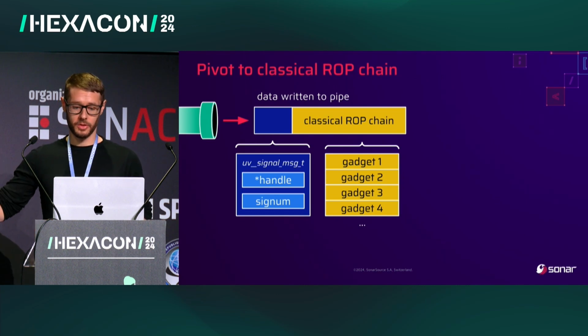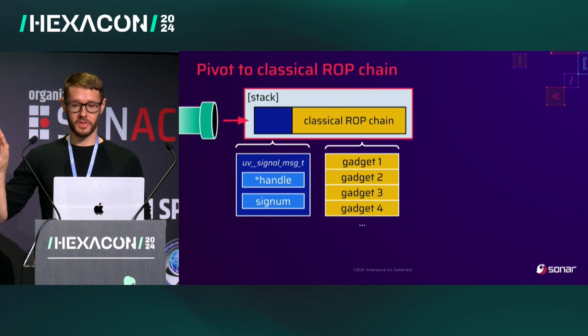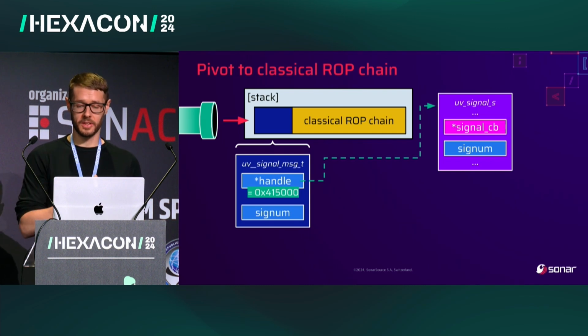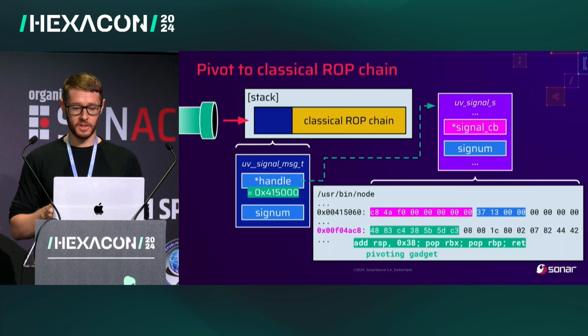This is the data we write to the pipe, a signal message data structure followed by a classical ROP chain. All of this resides within stack memory. For the signal message data structure, we set the handle pointer to our fake signal data structure, which resides in the Node.js image. This fake data structure contains a pointer to a pivoting gadget exactly at the offset of the signal.cb function pointer.